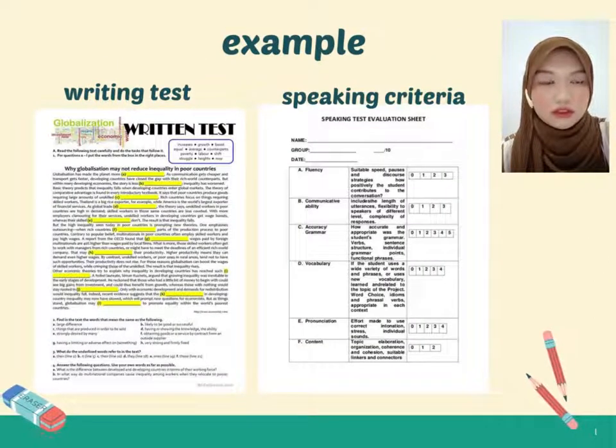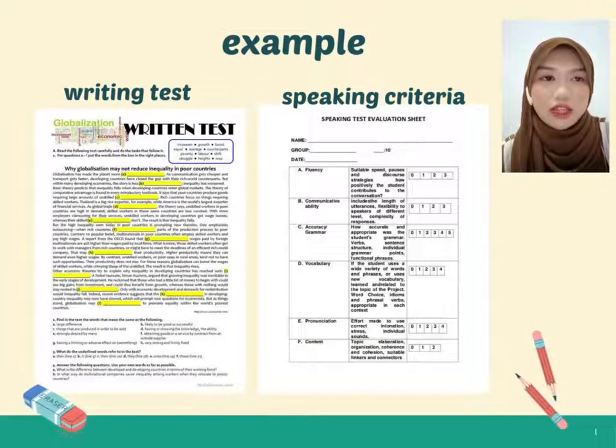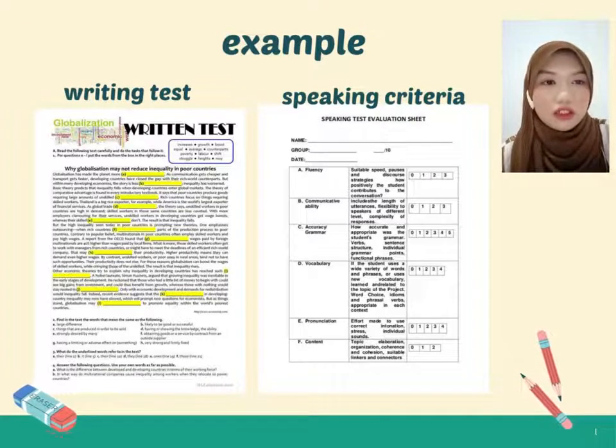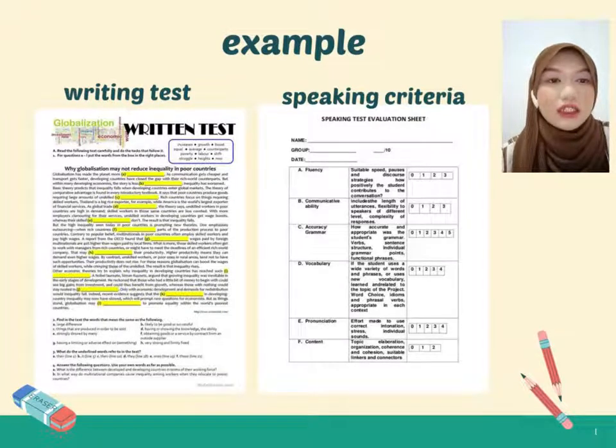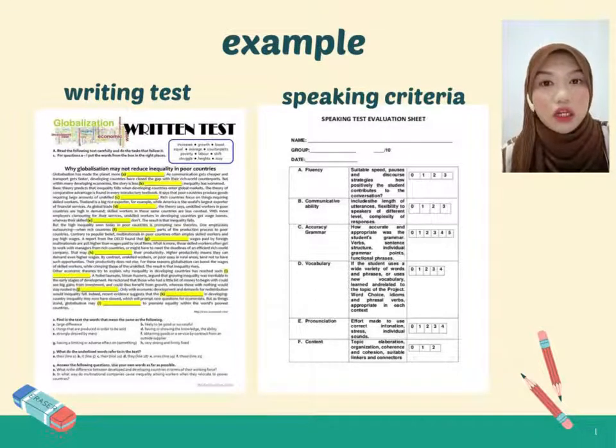Okay, next, there are the examples of writing tests and speaking criteria. If you choose writing skill for the test, the item of the test will look like in the PPT. And if you choose speaking skill for the test, the item will look like in the PPT.